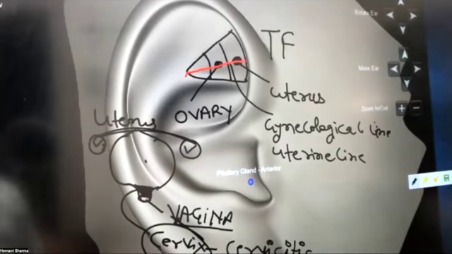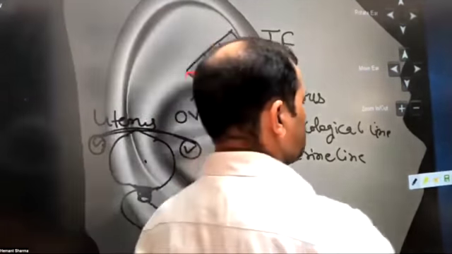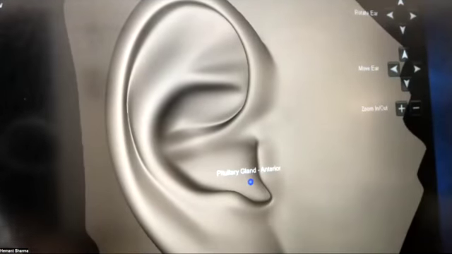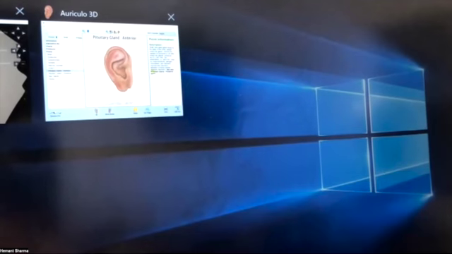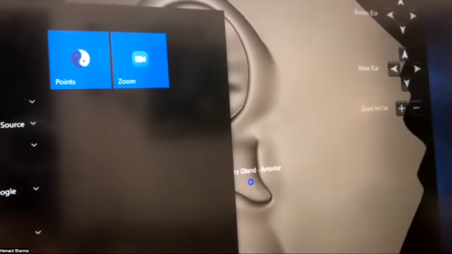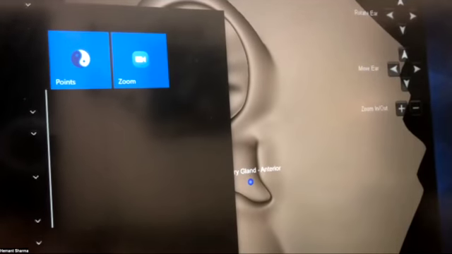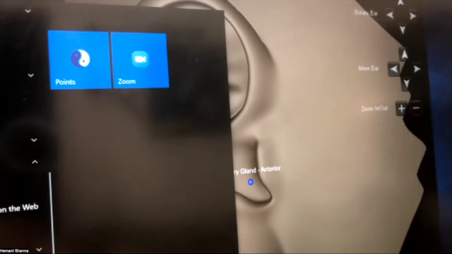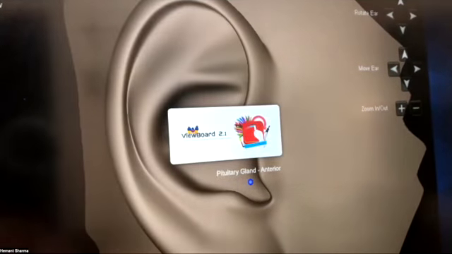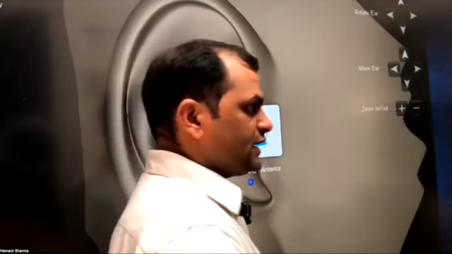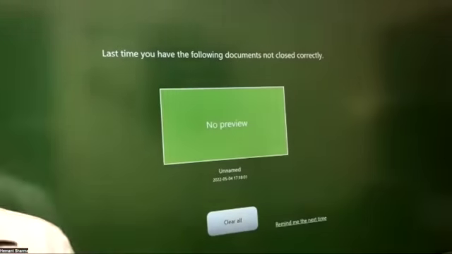So what is cervicitis? Cervicitis means the inflammation of the cervix.